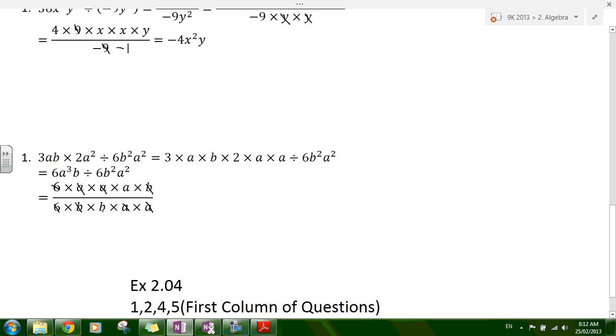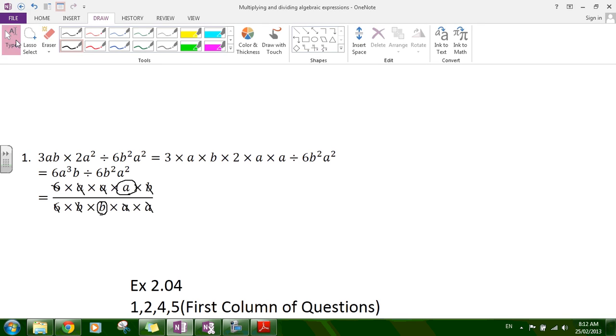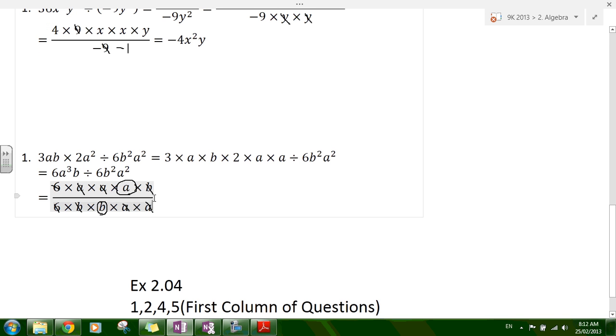All I'm left with now is this b in the denominator and this a in the numerator. So everything simplifies, and I just end up with a over b. That's my solution.